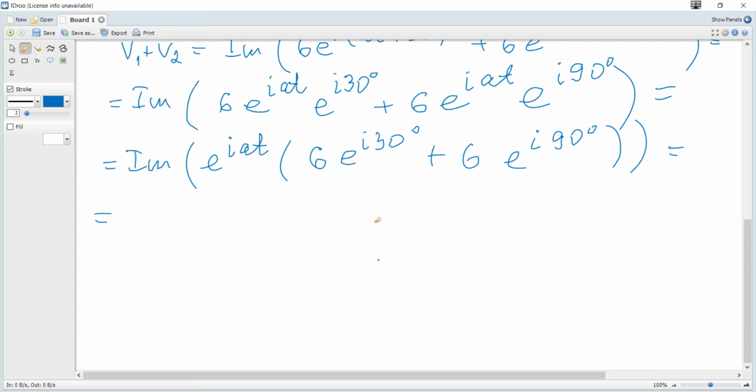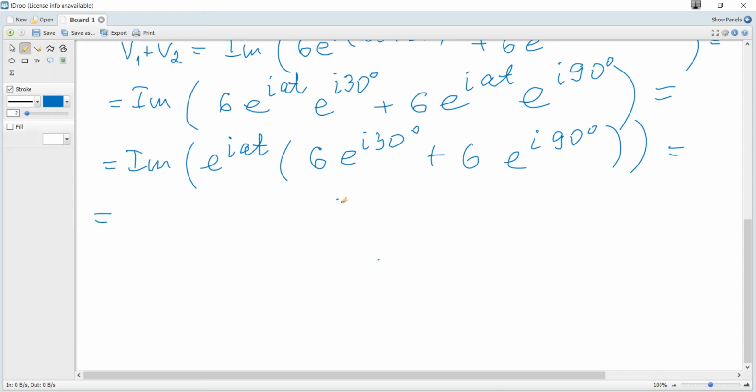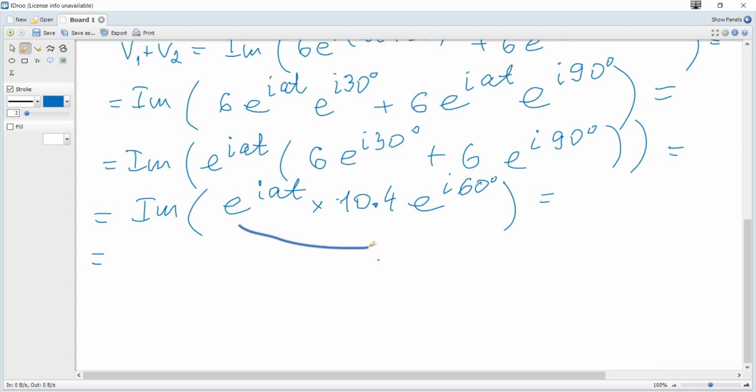So this is 10.4 e to the power of i 60 degrees. And also the imaginary part of e to the power of i80 multiplied by this answer. The next step is we need to again combine these two e's to get a single e.